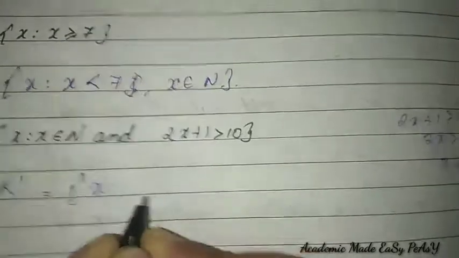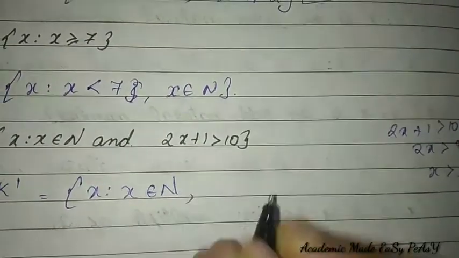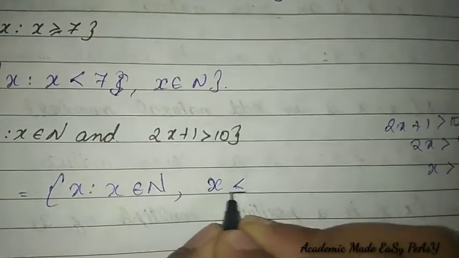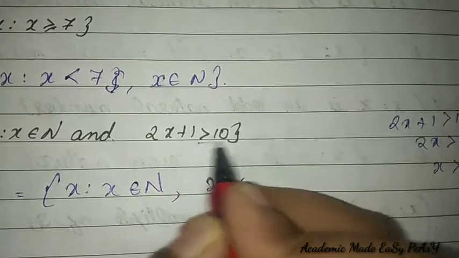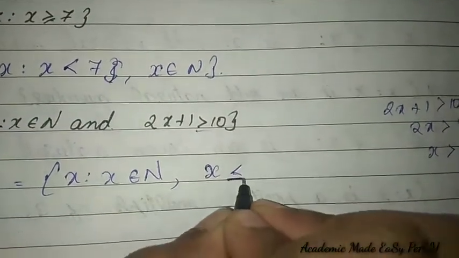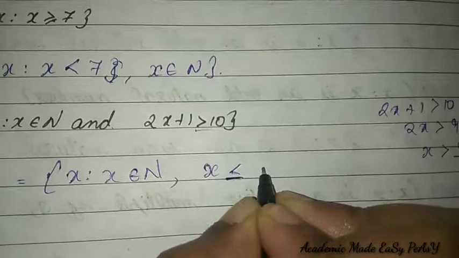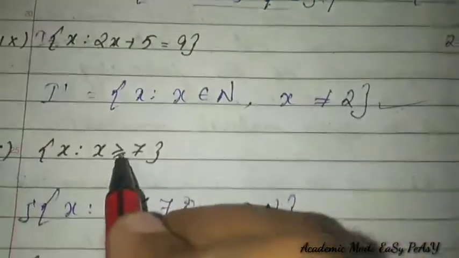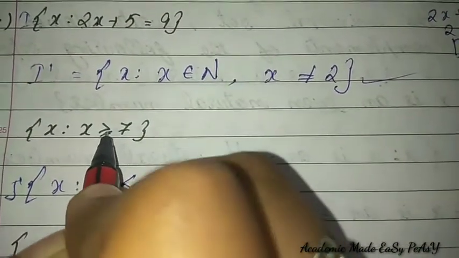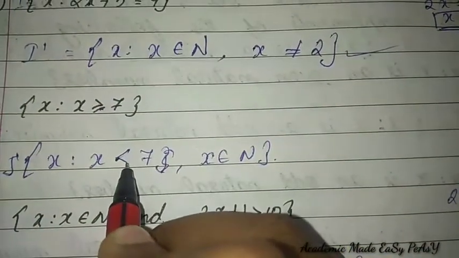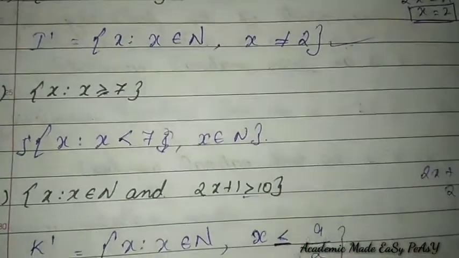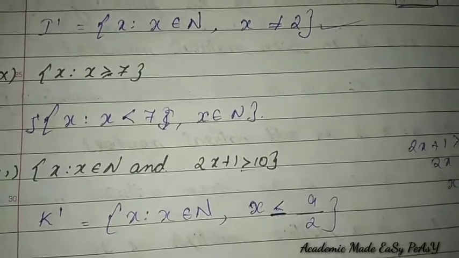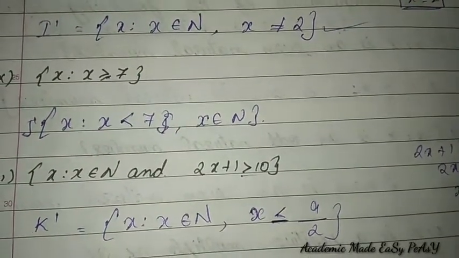So x such that x belongs to natural number and x will be less than or equal to 9 by 2. See here, if equal to is not given over here, we have to write in the complementation this equal to. If you see, greater than or equal to is given, so we are not writing less than or equal to. Okay, whatever the set is given, if we have to take the complementation, then we have to write the opposite of it. That's it.